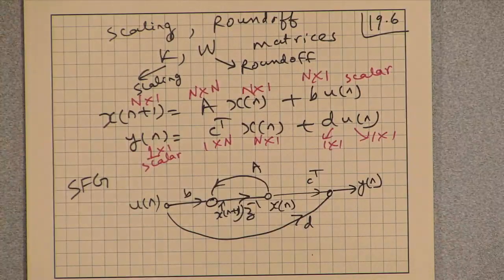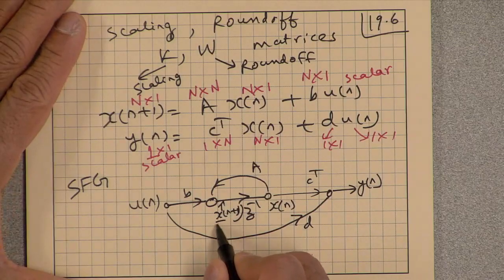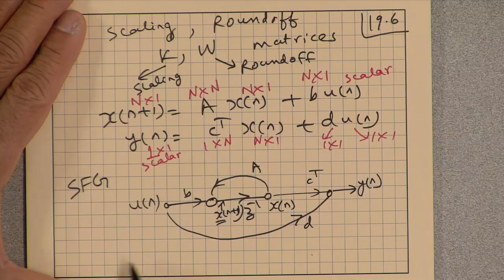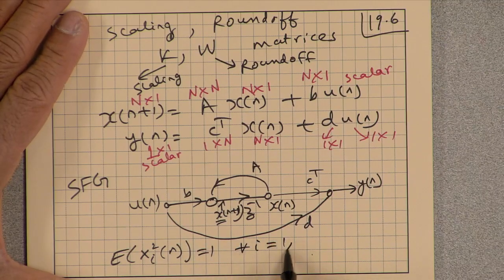Okay, so the idea of scaling in the L2 sense, in the mean squared sense. x(n) is a column vector of dimension n. We want to make sure the expected value of x_i squared(n) is equal to 1 for all i equal to 1, 2 up to n.